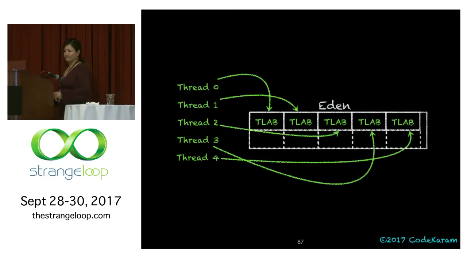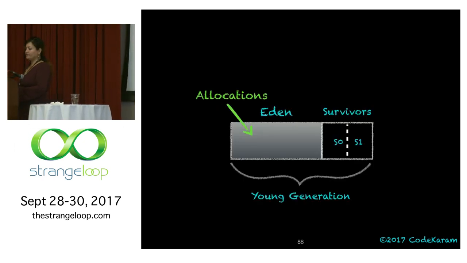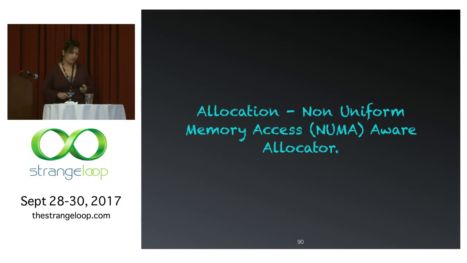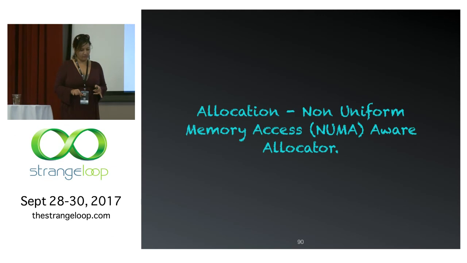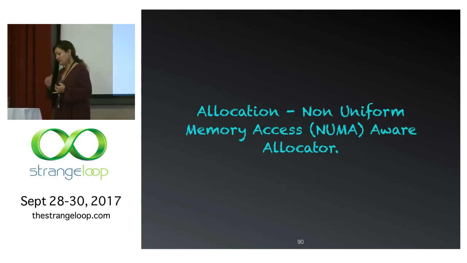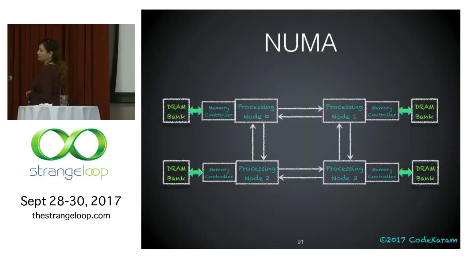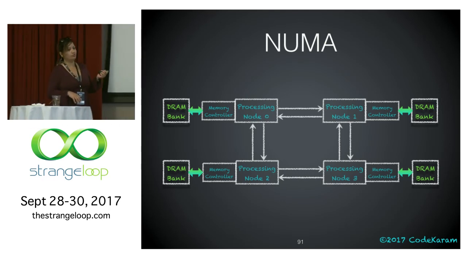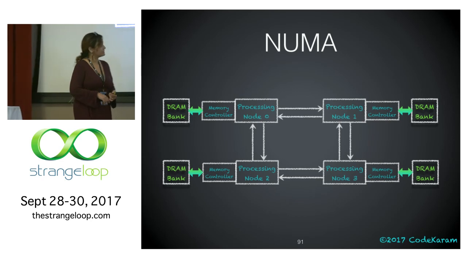So in this case, I have 5 TLABs because I have 5 threads. Once Eden gets full, survivors happen. There's an optimization that has been working with parallel GC for a while now. This was based on an experiment that I did when I was working with Opteron. Opteron was not only 64-bit, but also a NUMA architecture, which is non-uniform memory access.